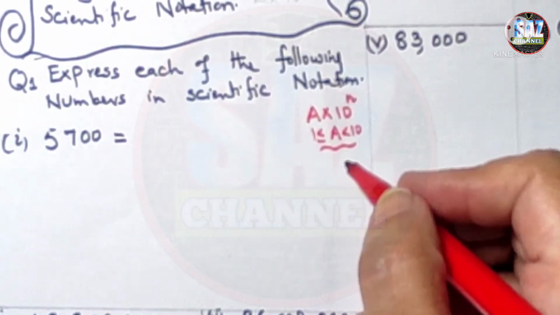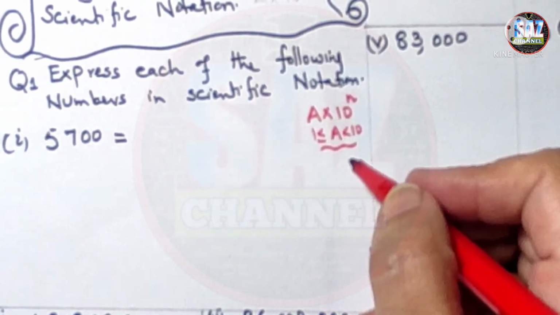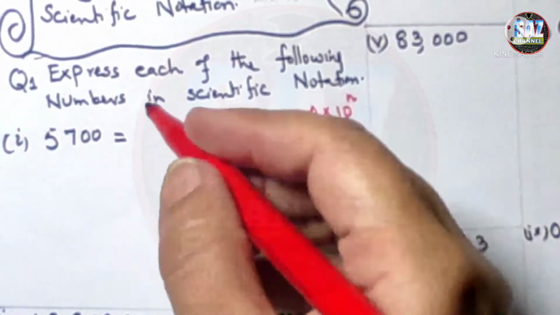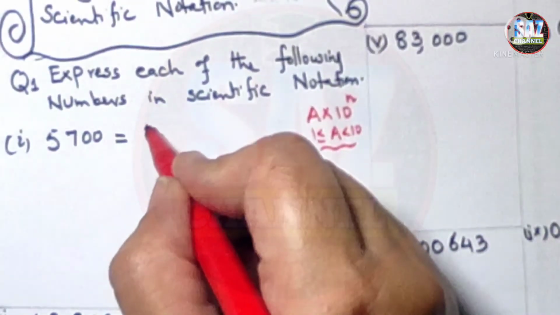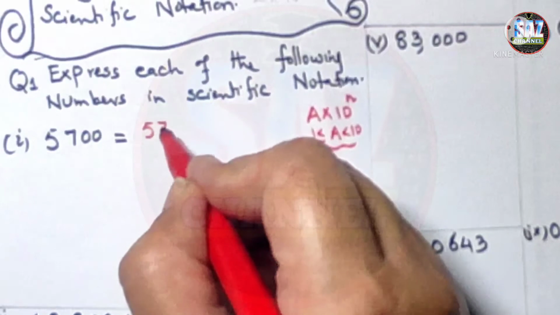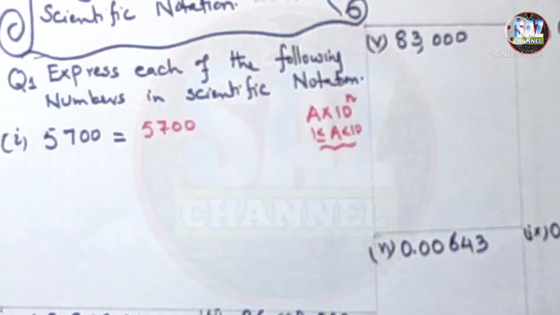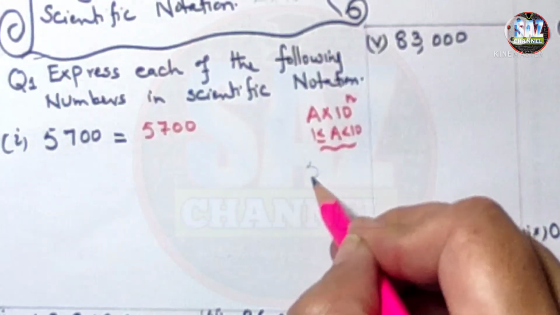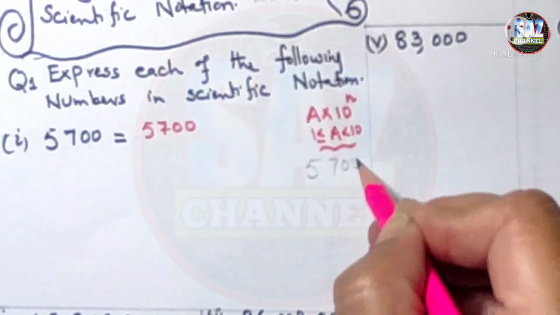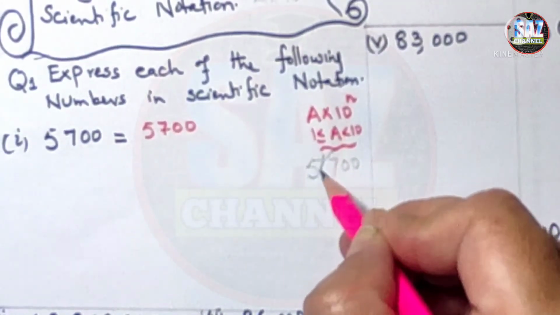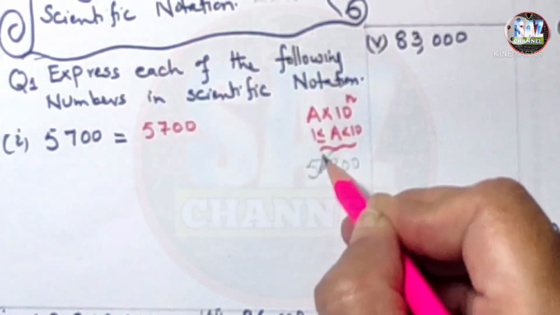I will be telling you the trick as well, but first let me give you a clear understanding of what we have to do. We have to see the number is in thousands, and in order to make this 5,700 in the range of a, I need to insert the decimal after 5.